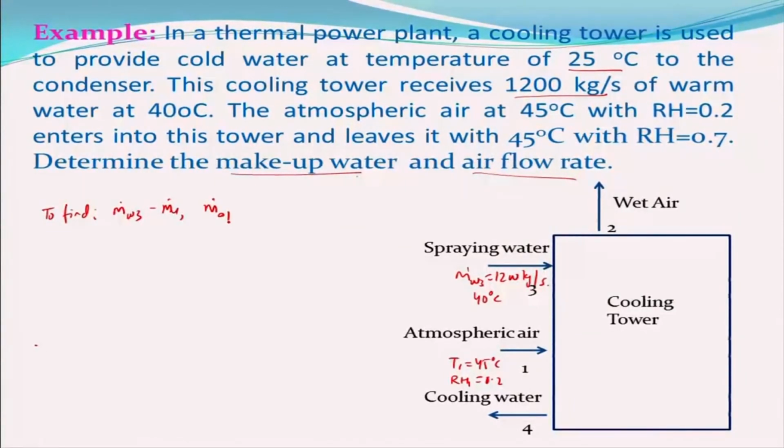So, what we will have to do? We can use the psychrometric chart. From the psychrometric chart we can get, corresponding to 45 degrees Celsius and RH 0.2, very easily, that is RH1 is 0.2 and T1 is 45 degrees Celsius.